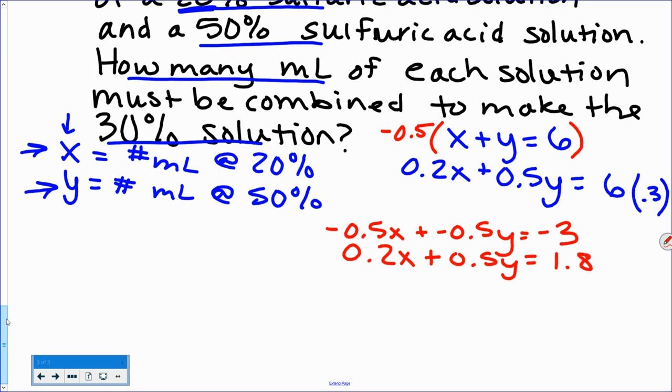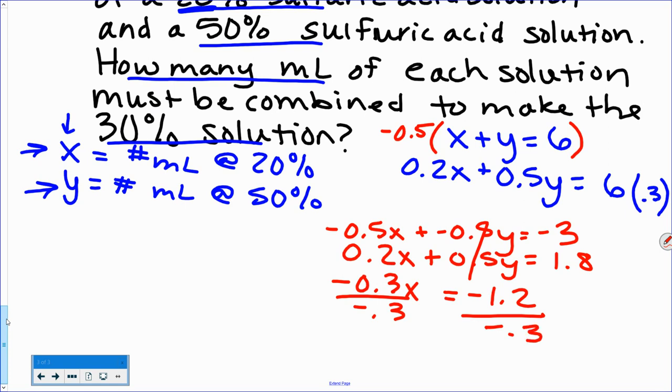Now we'll be able to eliminate the y's. We'll add those together. When I add these together, it's negative 0.3x, the y's eliminate, equals negative 1.2. Divide both sides by negative 0.3, and then x is 4.